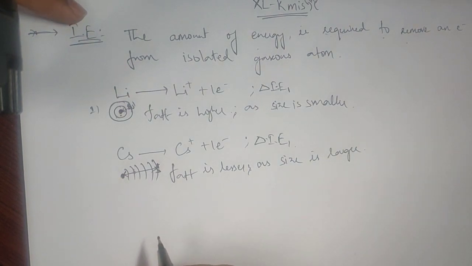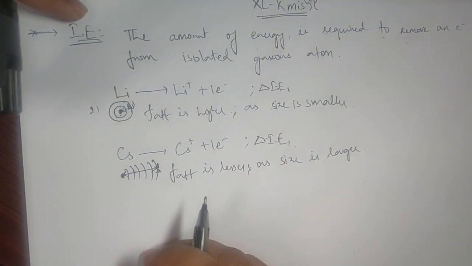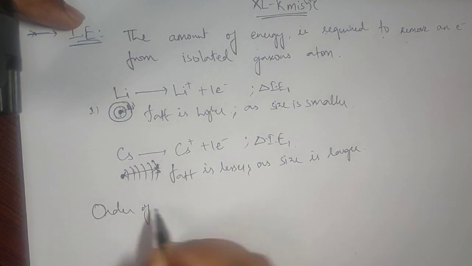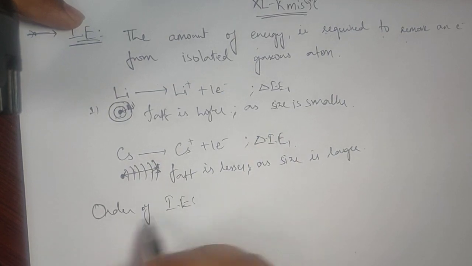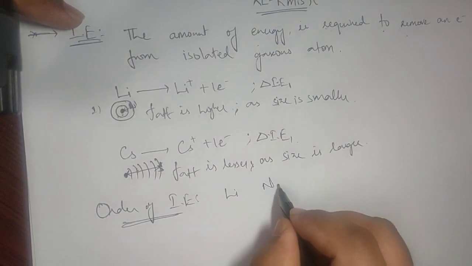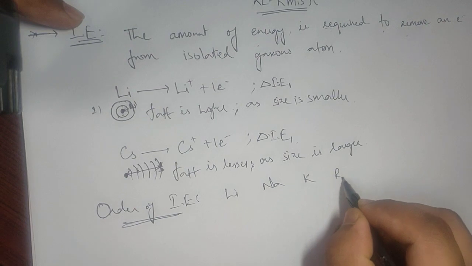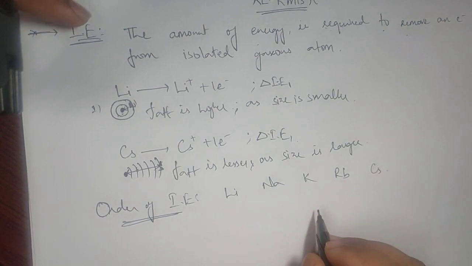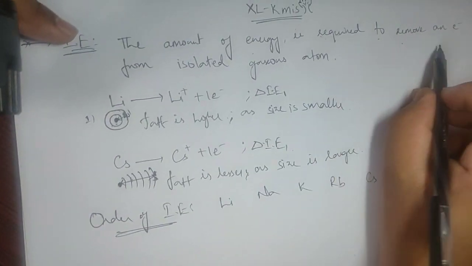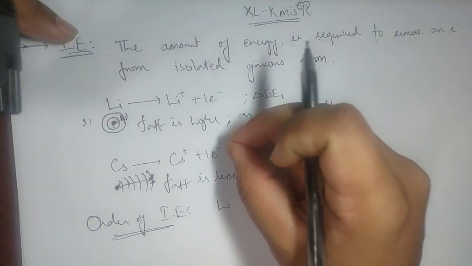Fine. So on the whole, we can say, from top to bottom, looking from lithium, the order of ionization energy: lithium, sodium, potassium, rubidium, cesium. In which case can I remove the electron easily?